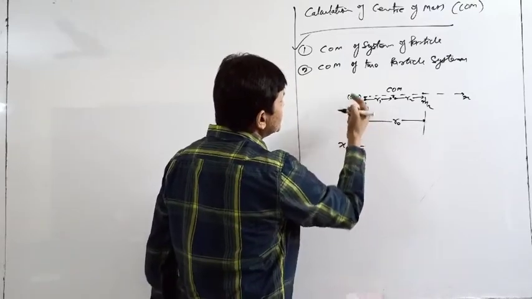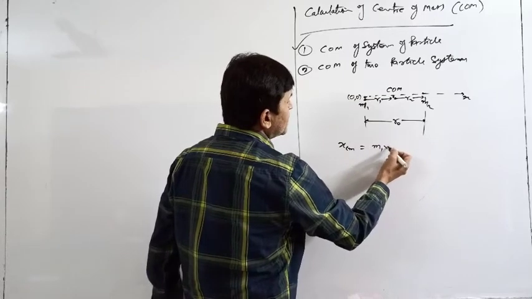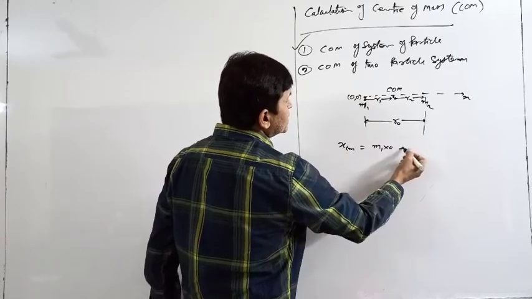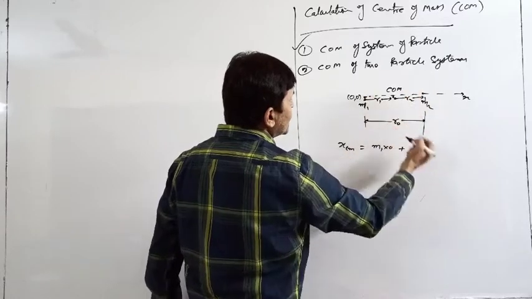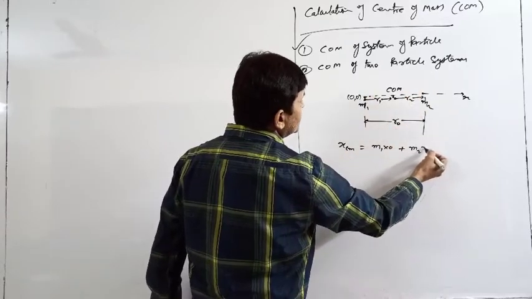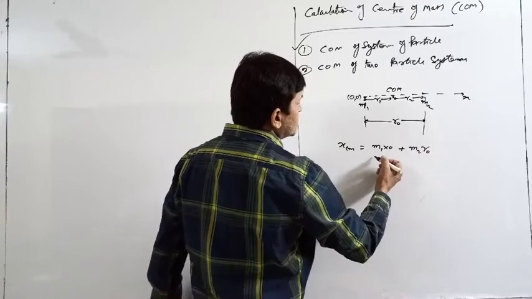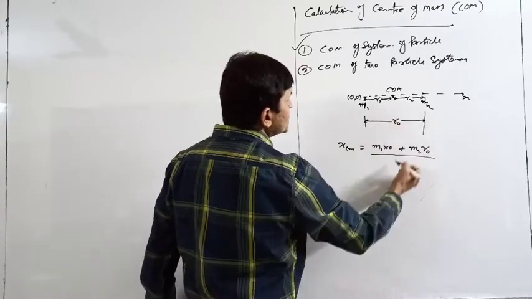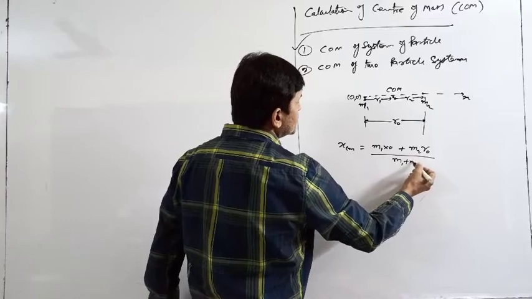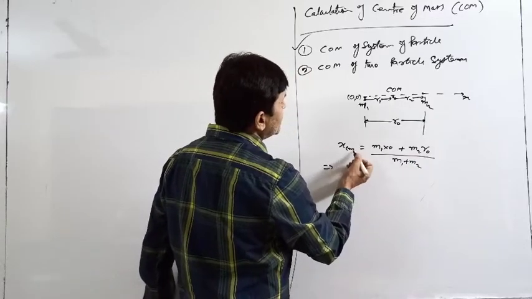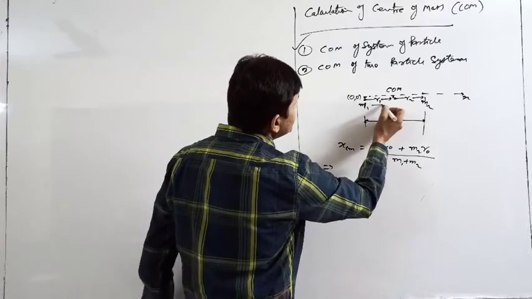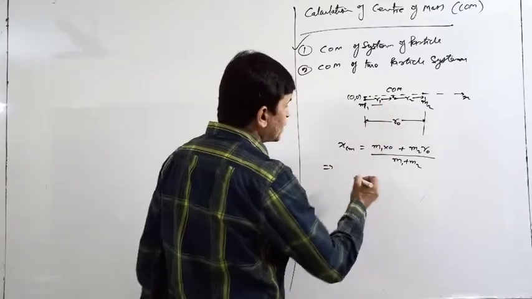M1 into 0 plus M2 x2, where x2 is from here to here, which is R0. So M2 R0 by total mass M1 plus M2. X_CM, the position of center of mass, is equal to R1.